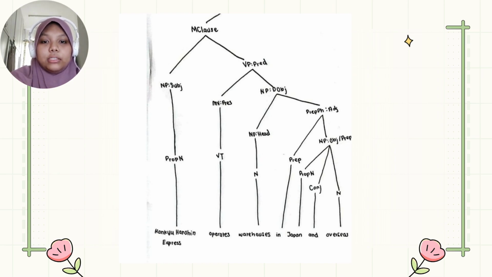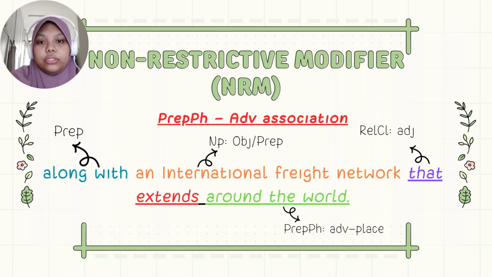So let's take a look at the non-restrictive modifier, or called NRM. The NRM here is functioning as a prepositional phrase, adverbial association. So we have along with as a preposition, and then we have an international freight network, which is an object of the preposition.